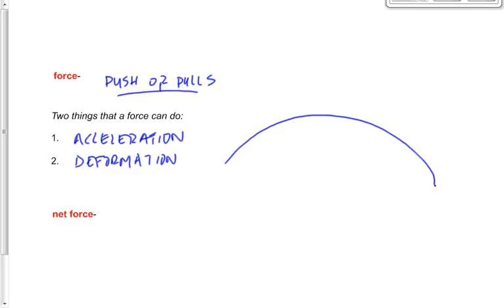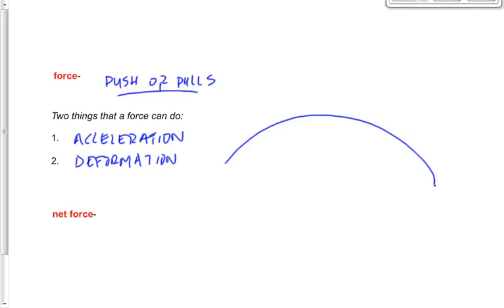For a brief moment in time, the golf ball is squished to barely half its normal size. Now, it accelerates pretty quickly thereafter, right? But during that time of initial contact, it's not accelerating, it's deforming, it's changing shape. So forces can cause things to accelerate, and they can cause things to change shape or to deform. Sometimes they do both, as in the case of the basketball or the golf ball.